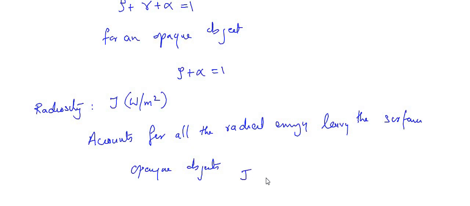So J is equal to the emission plus the reflection. The reflection is rho times G, so J is equal to E plus rho G, where rho is the reflectivity and G is the irradiation, not radiosity, irradiation.